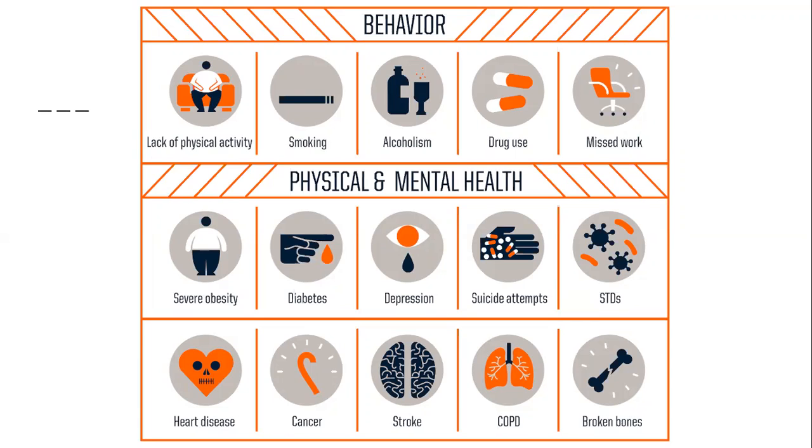But what's important to remember is that this isn't saying if a person has a high ACE score, they're going to develop one of these behaviors or one of these health issues. It is just something to look at and something to be aware of that could be a measure.